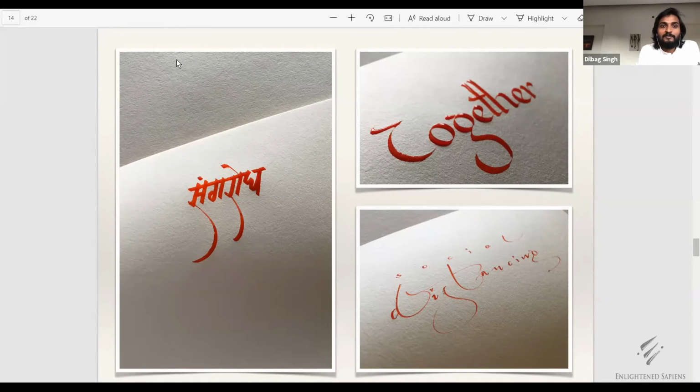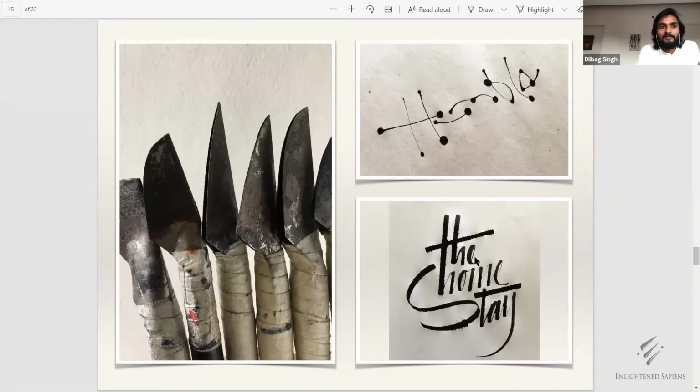And you can see together, it is done with a 2.5 mm broad edge nib, and the downward social distancing is done with a 0.5 mm tape nib. So you can see the kind of variation we get with these nibs, the kind of flourishes. And the paper I'm using in this particular one is cartridge sheet. It's available everywhere. You will find it in any stationery shop.